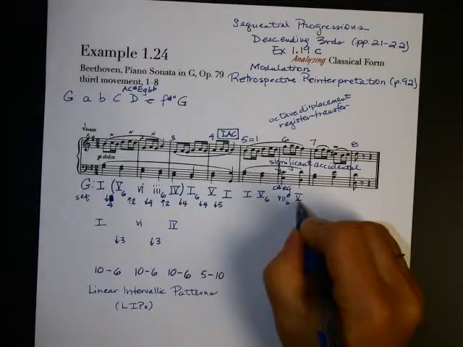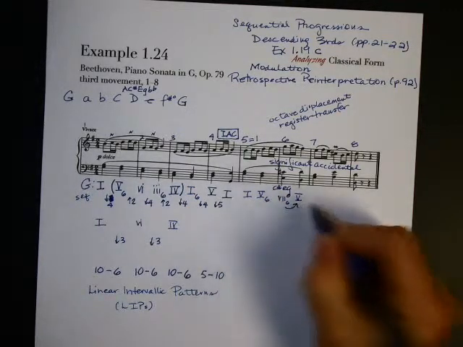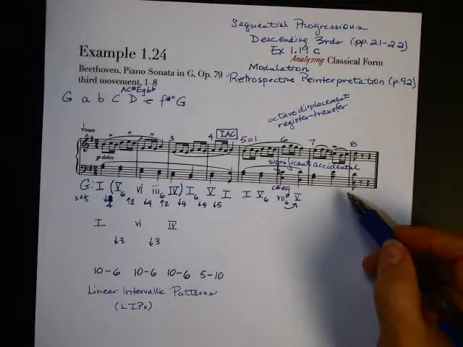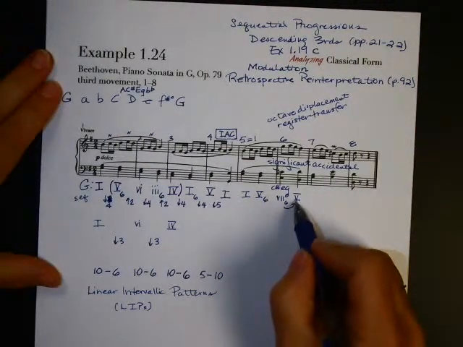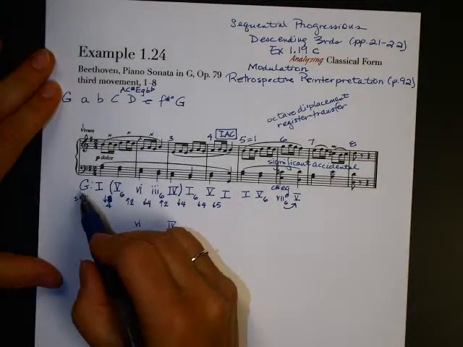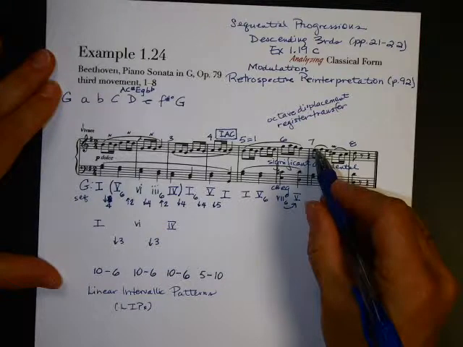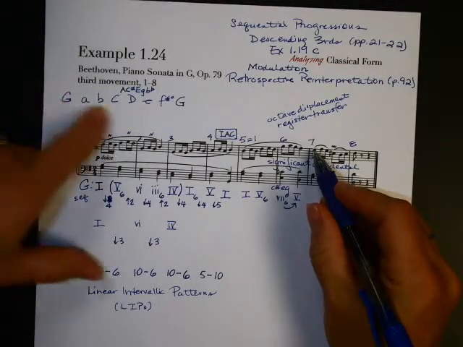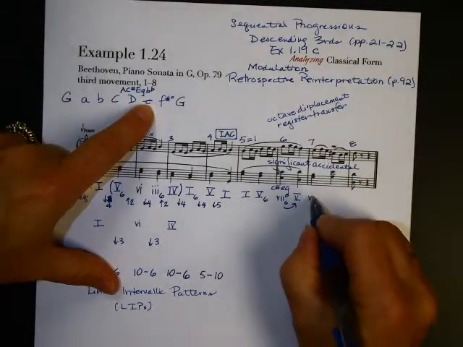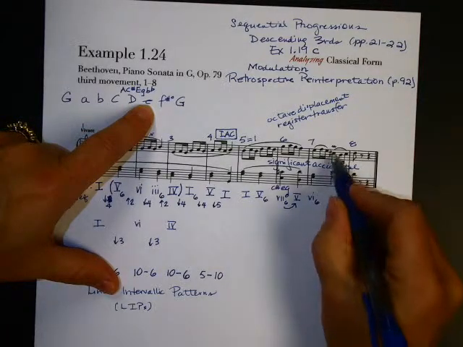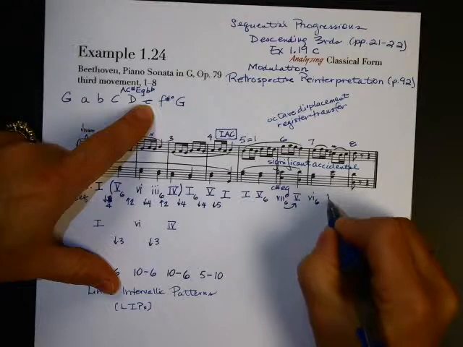If you didn't already know for certain that this was going to be a modulation, you would continue analyzing in terms of the original home key. Measure 7, G, B, and E. Well, in the terms of G major, that is a 6 chord in first inversion. A, C sharp, E, that is our 5 of 5.